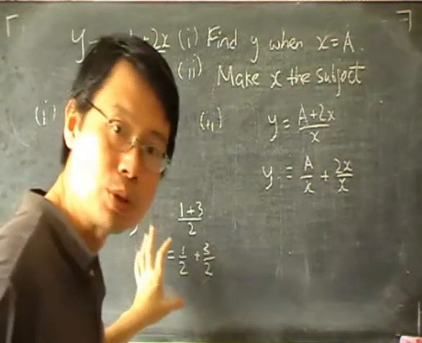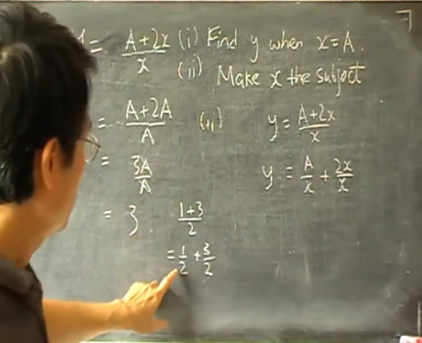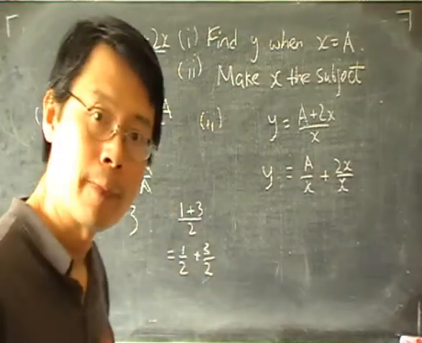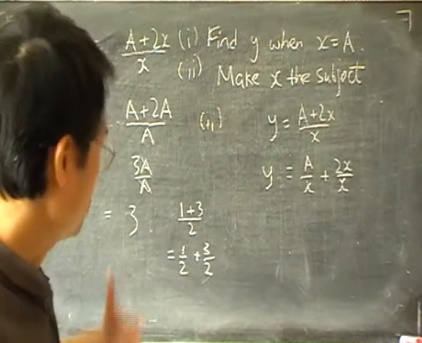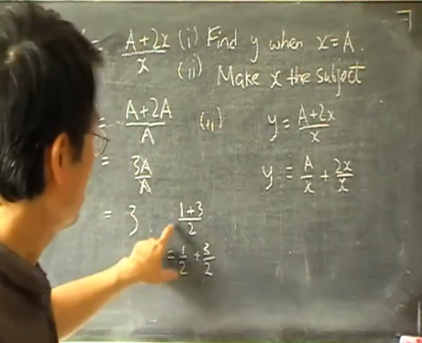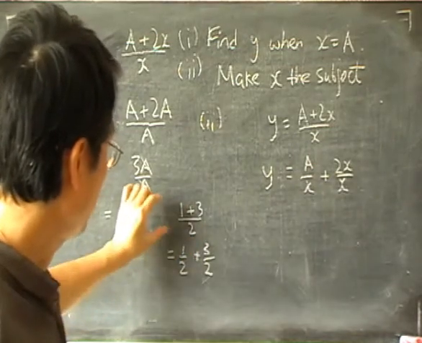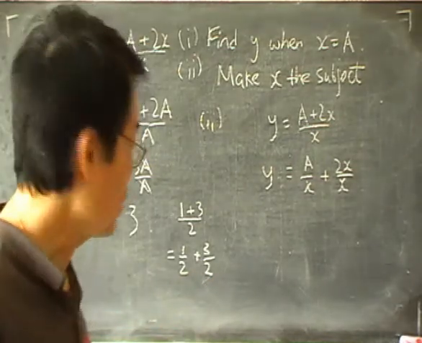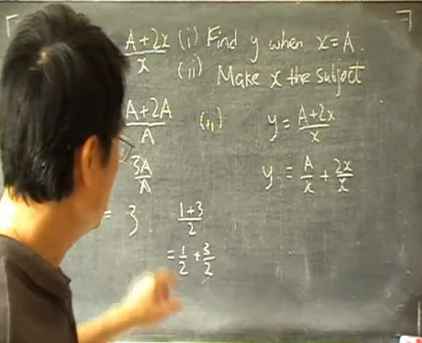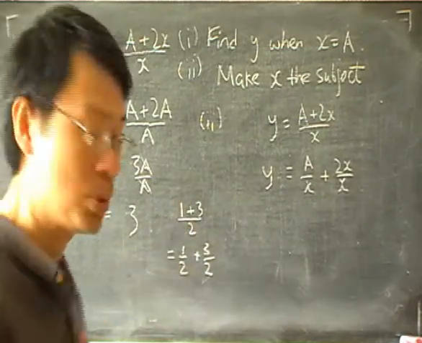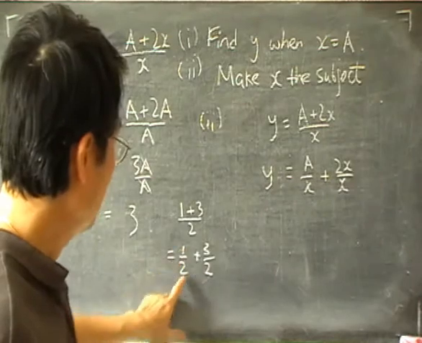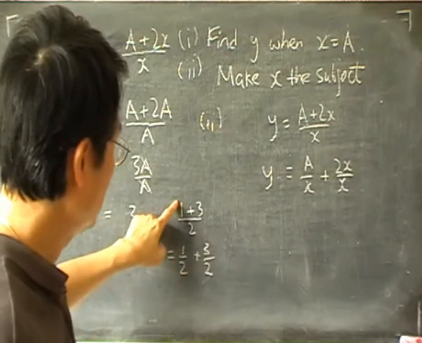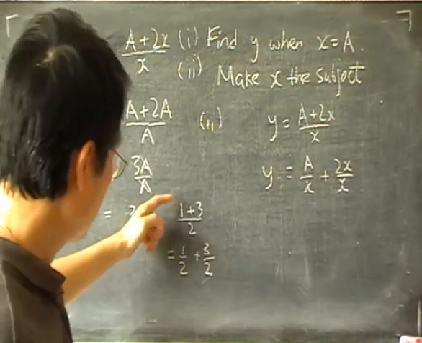So if you think of what you know about fractions, you can separate this into two parts. Or you can think about it the other way, that the first line here is what you would get if you add these two fractions. If you add a half and 3 over 2, you get 1 plus 3 over 2. That's how you add fractions, right? If the denominators are the same, you add the numerators, and this is just going the other way.